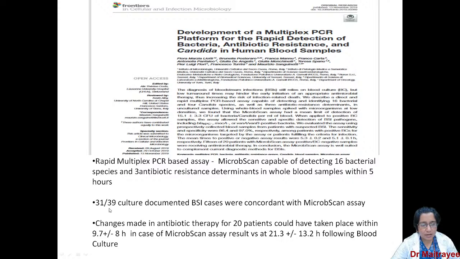In this, 31 out of the 39 culture-documented bloodstream infection cases were concordant with the assay, because it was compared with the blood culture results. It was found that changes made in antibiotic therapy for 20 patients could have taken place within an average of 9.7 hours with the assay result, versus an average of 21.3 hours following blood culture, which makes it a desirable multiplex PCR platform.